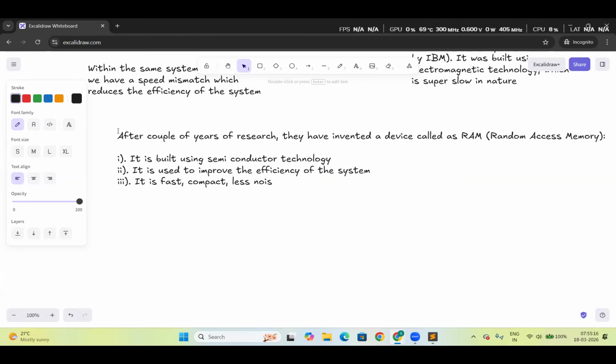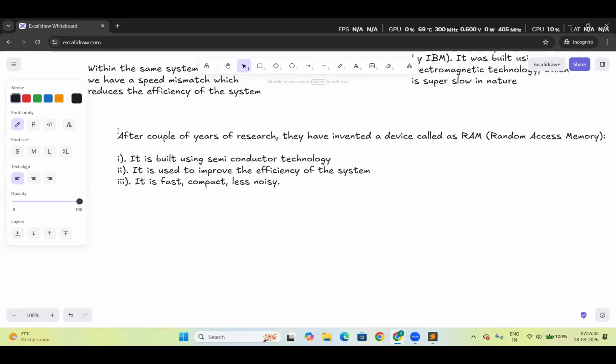Why do we say less noisy? If you see back in those olden days of IBM computers where there was no RAM, in the early 1950s or 1960s, whenever we started a machine, it used to make a sound like a factory machine, like literally we are working inside a factory. That noisy it was when we were operating computers in the 1950s or 1960s.